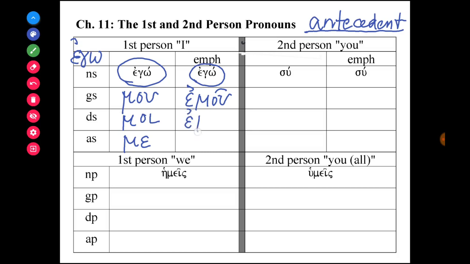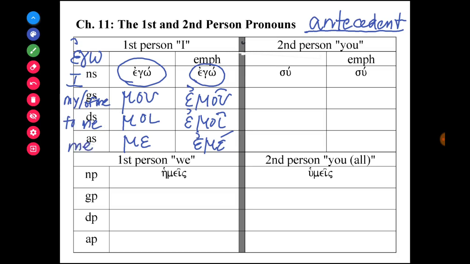The emphatic form for moi is emoi, and the emphatic form for me is eme. And these are the forms for I, and this is my or of me. This is to me, and this is me.